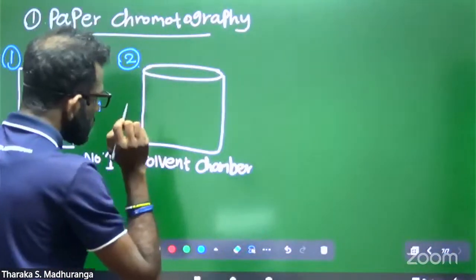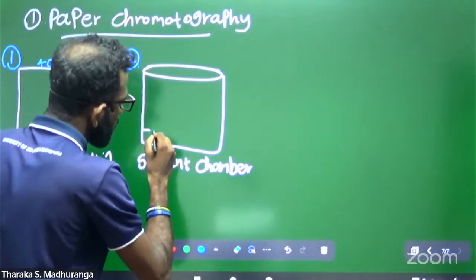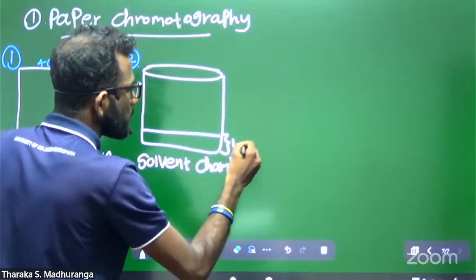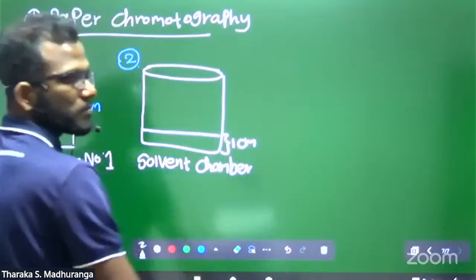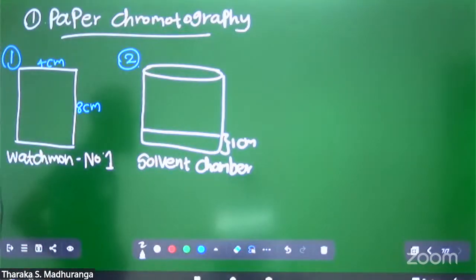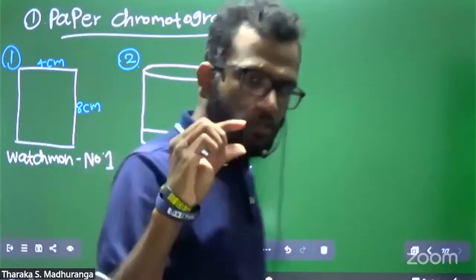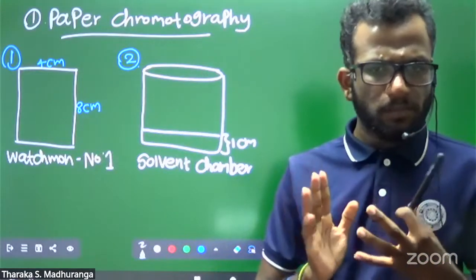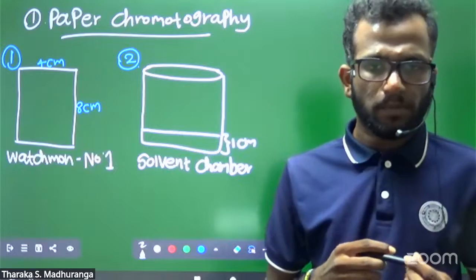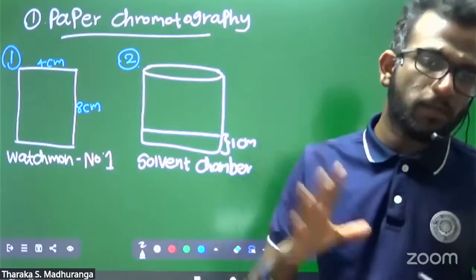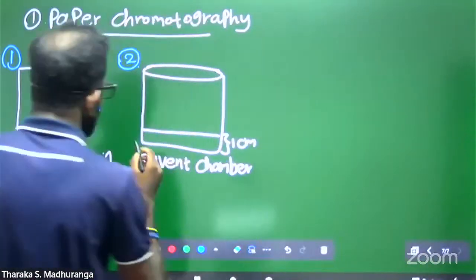Then we have to add the suitable solvent up to 1 centimeter above the bottom. The solvent height should be 1 centimeter only. This measurement you compulsorily need to remember.